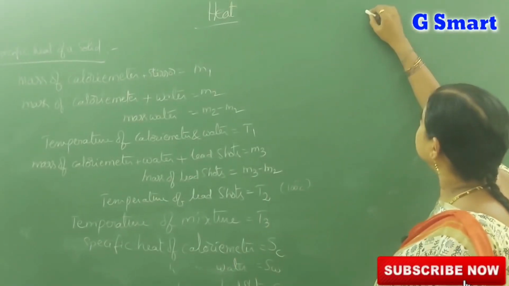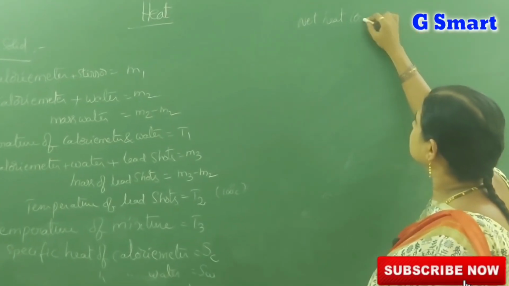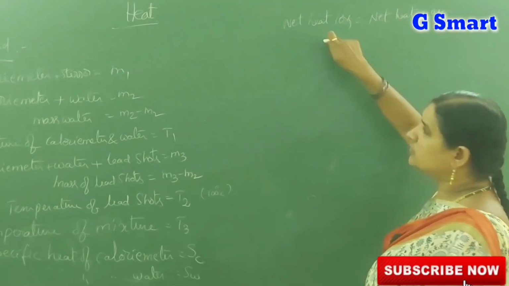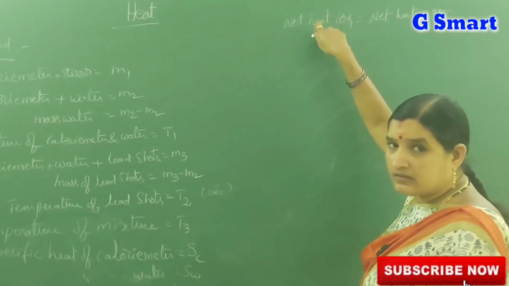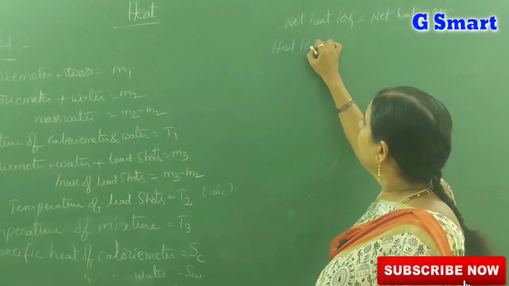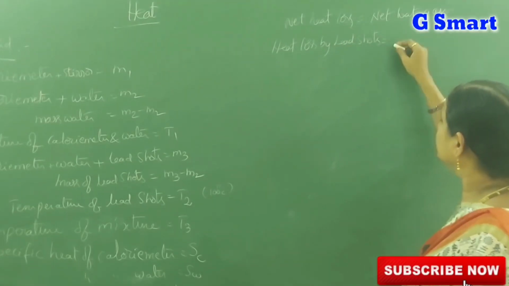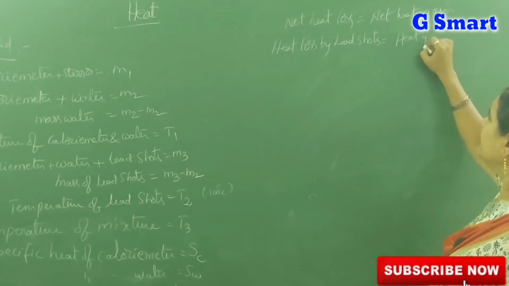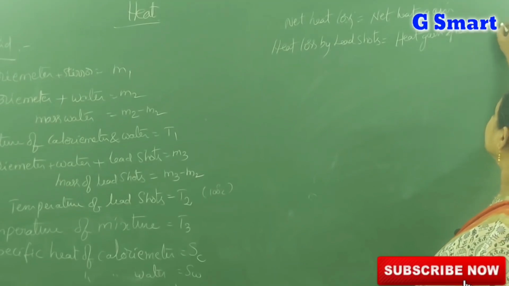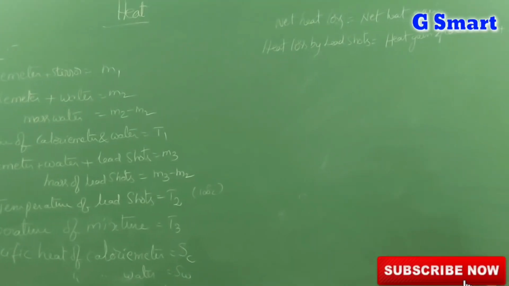Now, according to the method of mixtures, net heat loss is equal to net heat gain. Which loses the heat? Lead shots. Therefore, heat loss by lead shots is equal to heat gain of calorimeter plus heat gain of water.